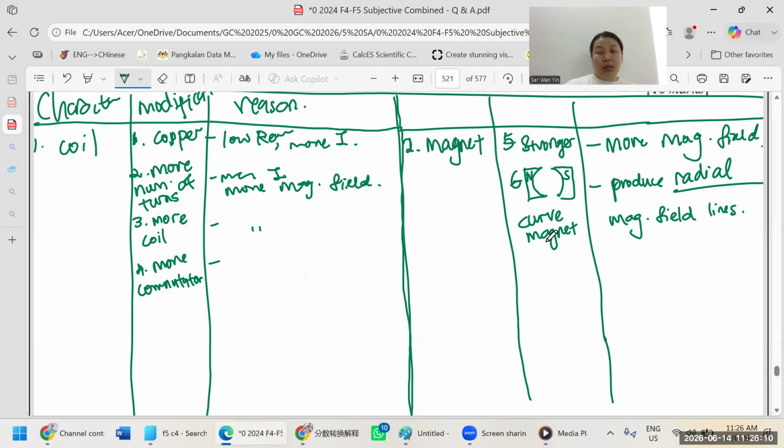I want to say not everything is accepted in the schema, but now you actually got more than 5 modifications already. And the marking scheme is not the same every year. Sometimes this year accept, another year not accept. It depends on the question also, but sometimes the question looks the same and they got a little bit different.